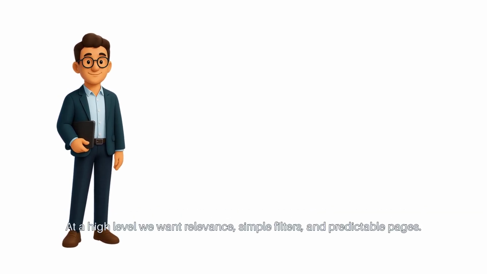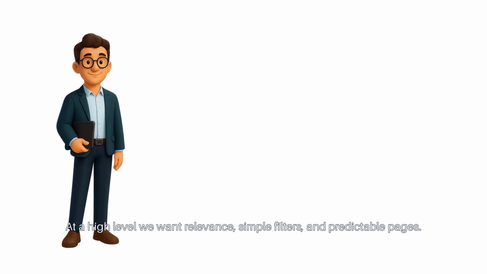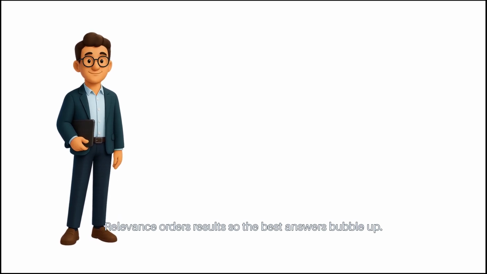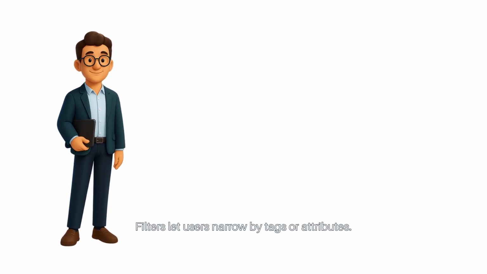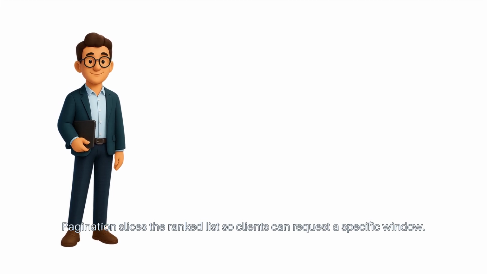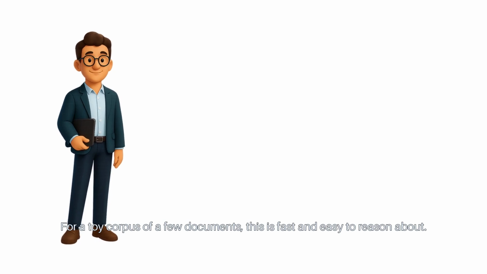At a high level, we want relevance, simple filters, and predictable pages. Relevance orders results, so the best answers bubble up. Filters let users narrow by tags or attributes. Pagination slices the ranked list, so clients can request a specific window. For a toy corpus of a few documents, this is fast and easy to reason about.